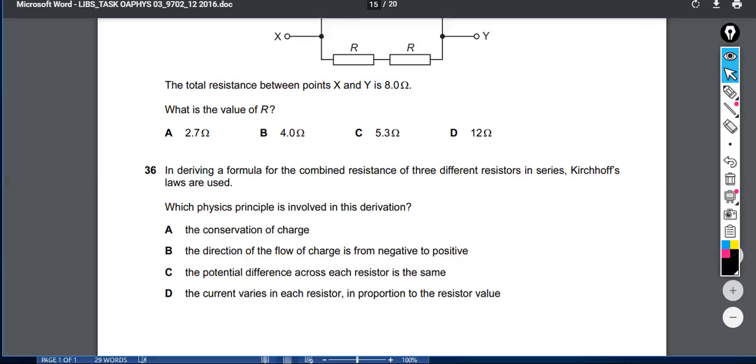B, the direction of the flow of charges from negative to positive, that's something Kirchhoff never knew in his lifetime. Kirchhoff was the first one to study these circuits and really quantify it and realize that the energy in equals the energy out. But conventional current is from positive to negative. A convention was adopted: there are certain charges that are positive, certain that are negative, and we know there's charge flowing around.